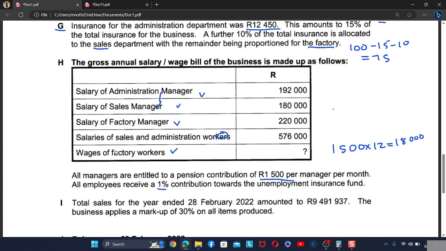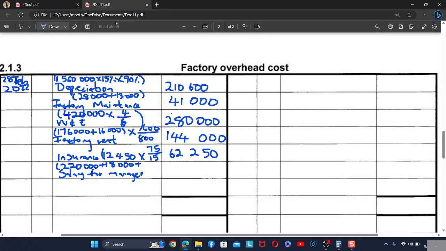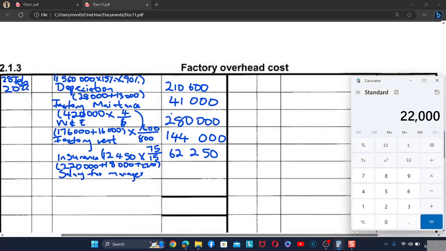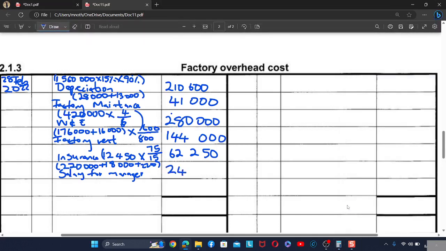So let's calculate the contribution for the factory manager. 220,000 multiplied by 1%, that is 2,200. So 220,000 plus 18,000 plus 2,200, that is 240,200. All right.